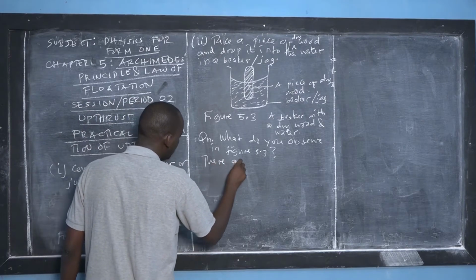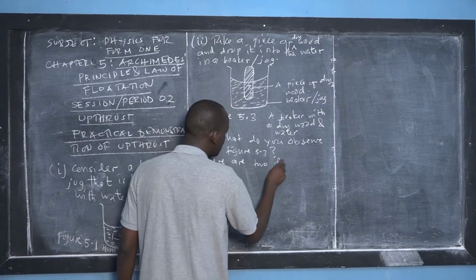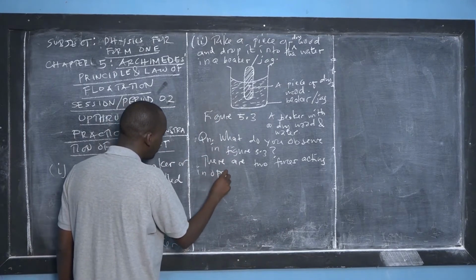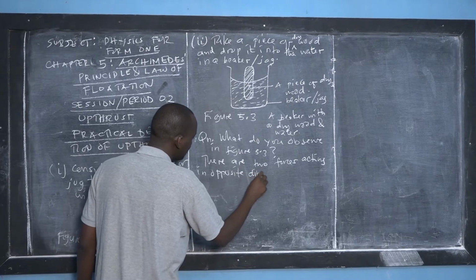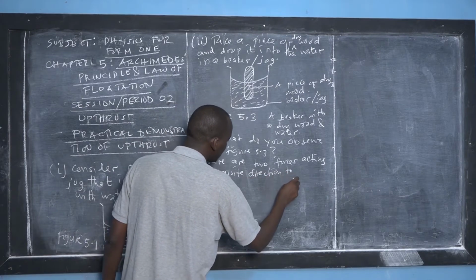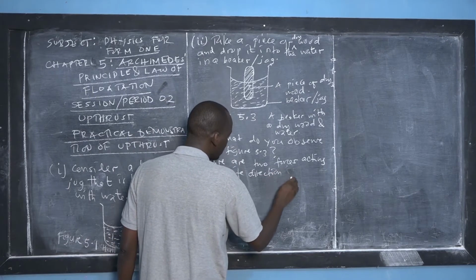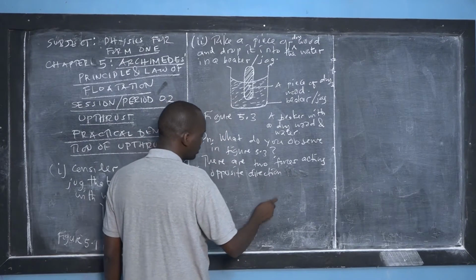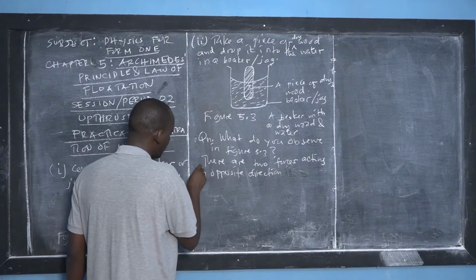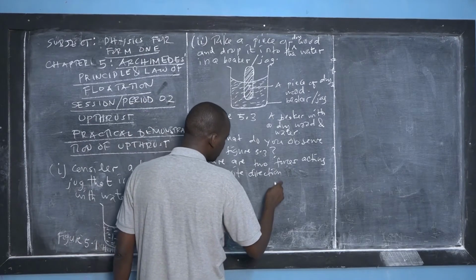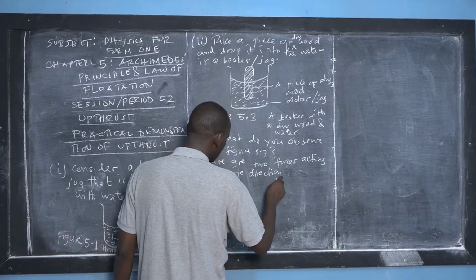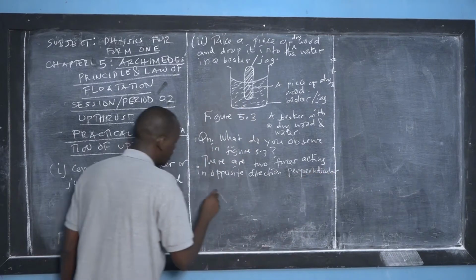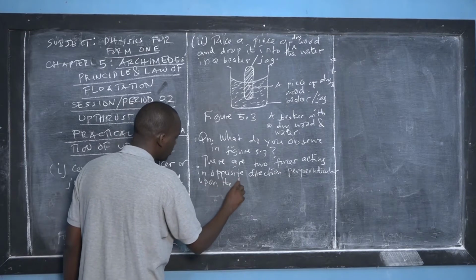So observation, there are two forces acting in opposite directions, acting to the body or to the dry wood, perpendicular upon the dry wood.